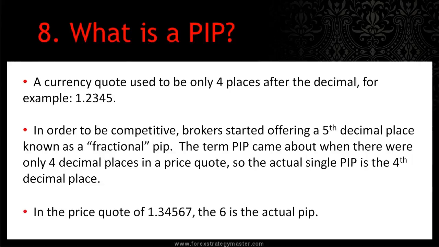In the price quote of 1.34567 that has 5 places after the decimal, the number 6 is the actual pip because it's the 4th place after the decimal. So in 1.34567, the 6 is the pip, the 7 is 1/10 of a pip.